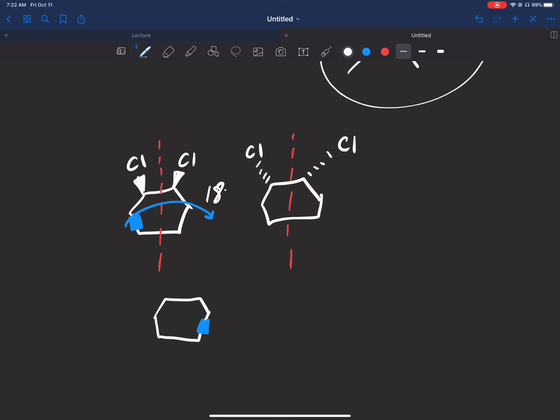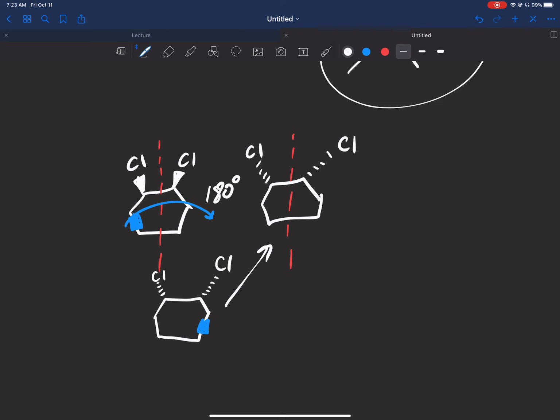Okay, 180 degrees. That means that the groups that were coming at you, because we just flipped it 180 degrees, are now pointing away from you. So I can take the wedge chlorine molecule, flip it 180 degrees, and superimpose it right onto that compound, indicating it is the exact same thing.